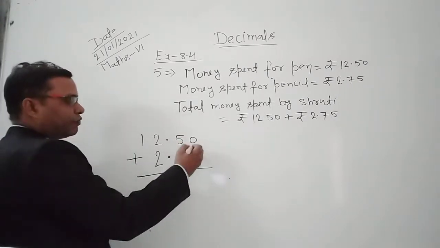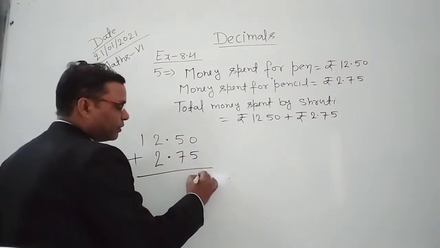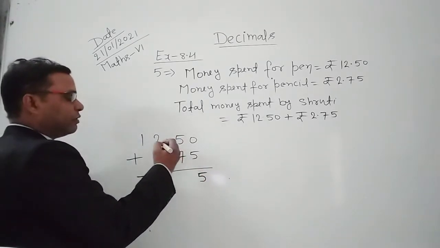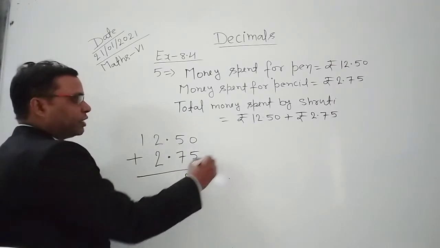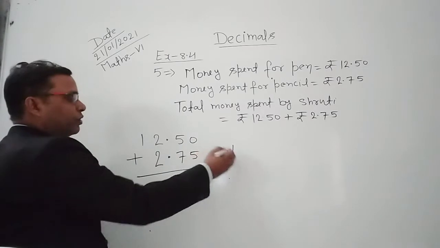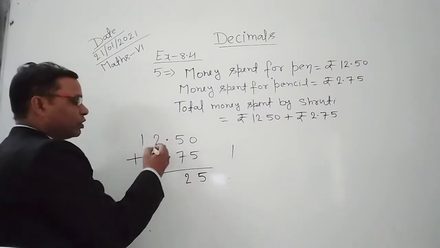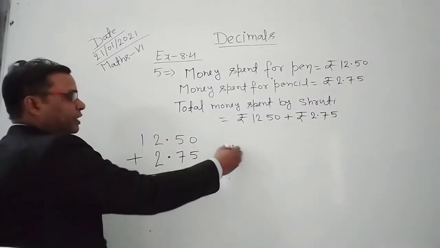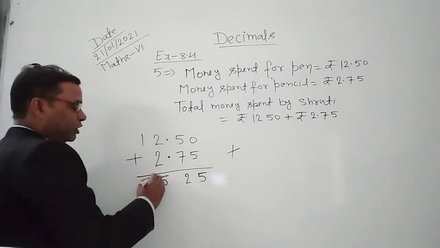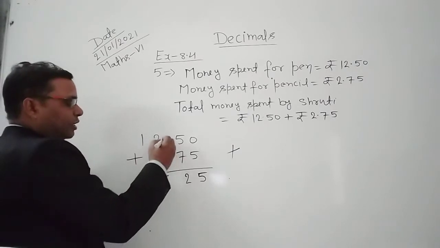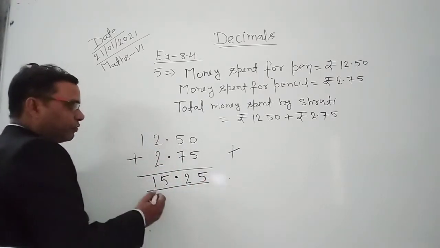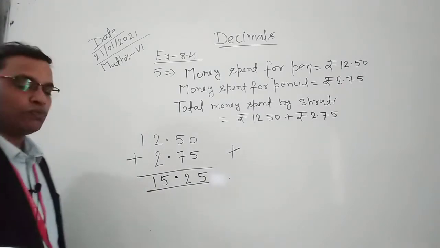So 0 plus 5, this is equal to 5, and 5 plus 7, this is equal to 12, write 2 and carry 1. And 2 plus 2 is 4, plus 1 carry, this becomes 5, and this is 1. So you write 1, and we write decimal below decimal. Clear? So here you can see we get 15.25.